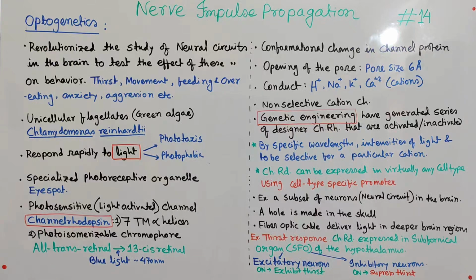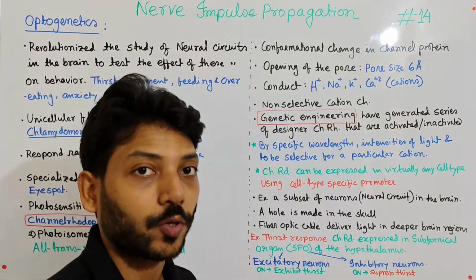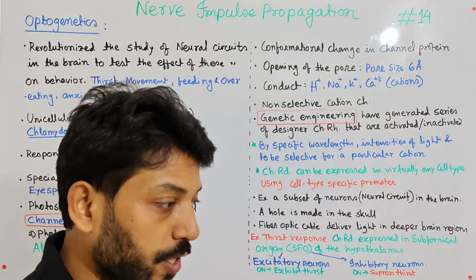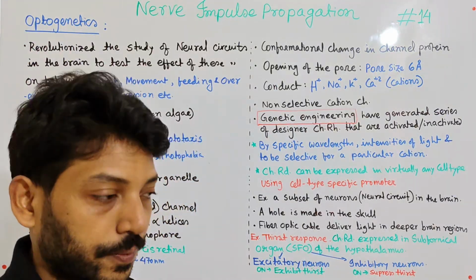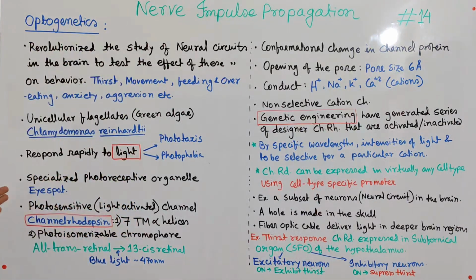This protein is characterized by the presence of 7 transmembrane alpha helices, like the G protein coupled receptor, and it also contains a photoisomerizable chromophore. This chromophore is very important because this chemical can absorb light, and in this way the organism responds to light.